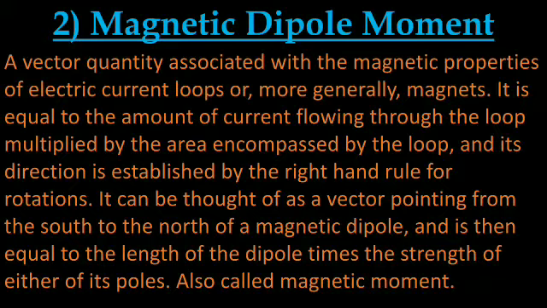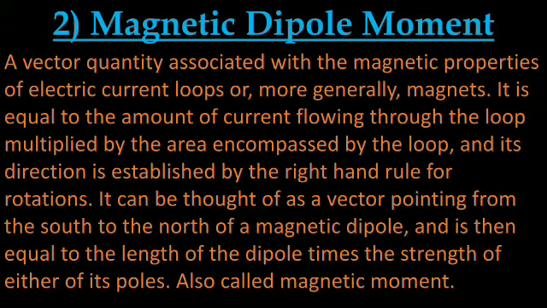It can be thought of as a vector pointing from the south to the north of a magnetic dipole, and it is then equal to the length of the dipole times the strength of either of its poles. It is also called magnetic moment.